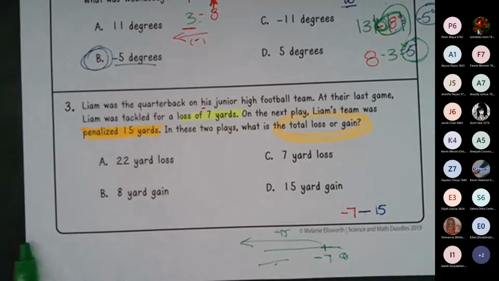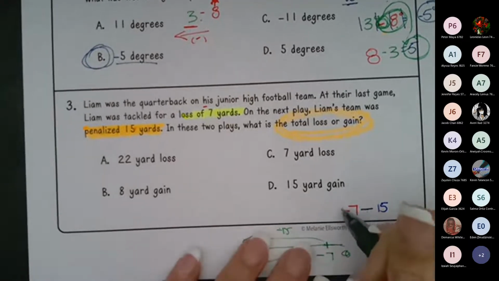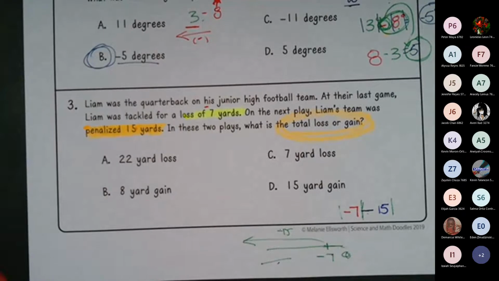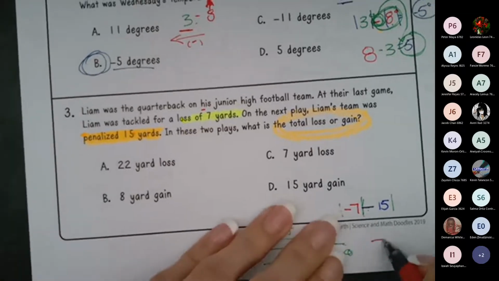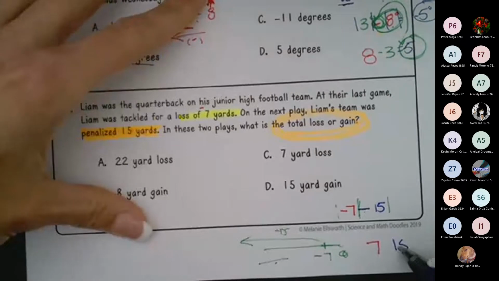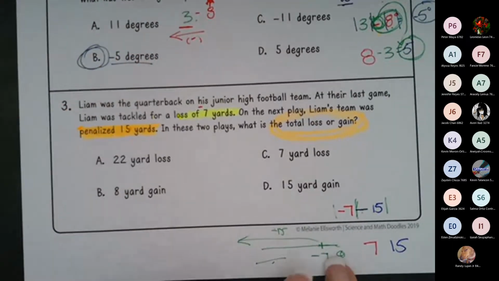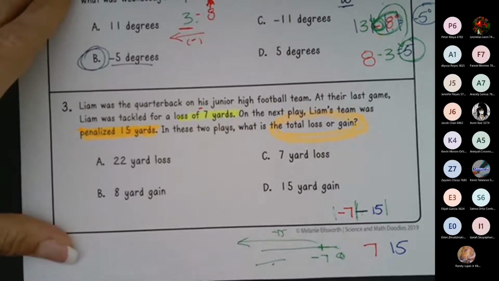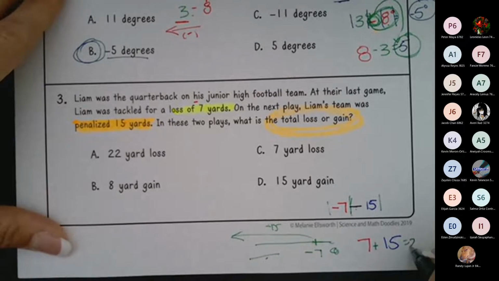So if I add these two numbers together, let me take the absolute value and add them together, because if I'm adding numbers of the same sign, I just add them together with their value. Then I have 7. I have 15. And since I'm getting larger on the negative side, I need to add them. 7 plus 15 is equal to 22.